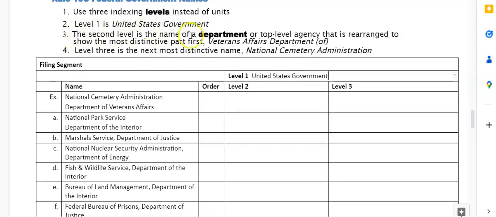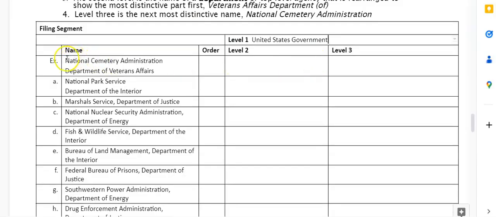Okay, so next we need to figure out the second level. So remember, the second level is the name of the department or top level agency. So if we have National Cemetery Administration, Department of Veterans Affairs, okay, this is what we want to focus on for level 2. But we also need to take into consideration the most distinctive part of the department name. So Veterans Affairs is the most important department, and of would be next.